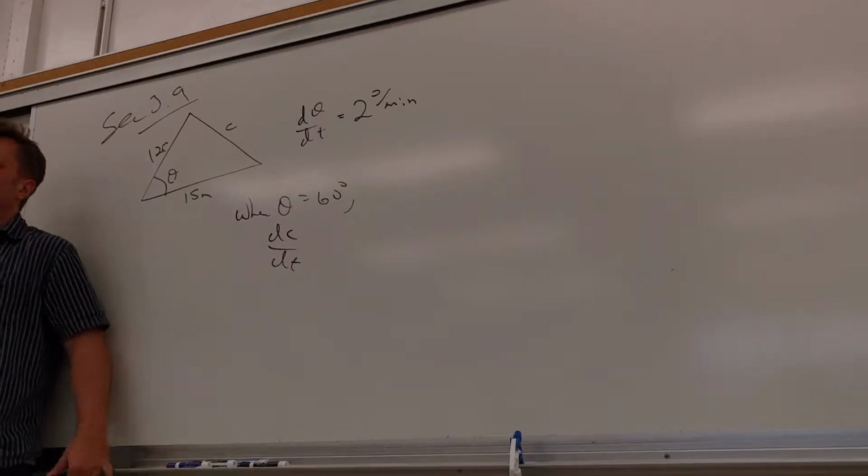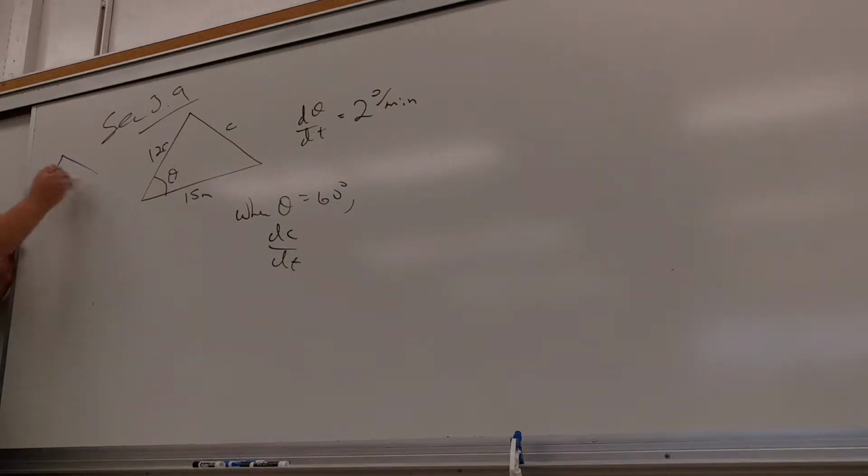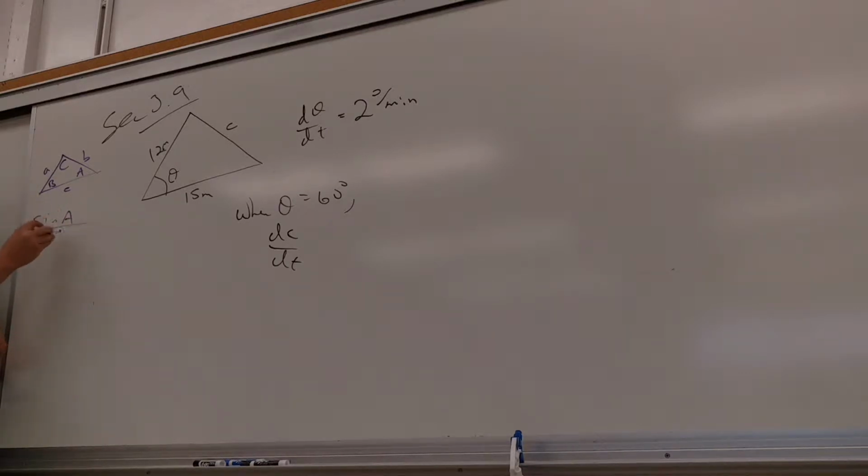The law of sines: sine of A over A equals sine of B over B equals sine of C over C. If you can't make a complete ratio, you can't use this, obviously.